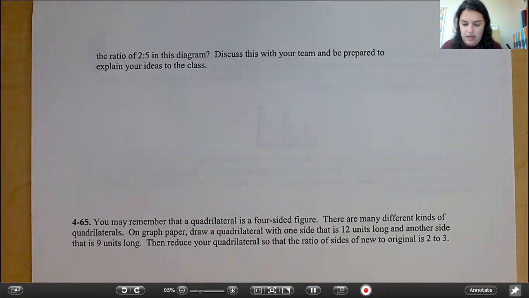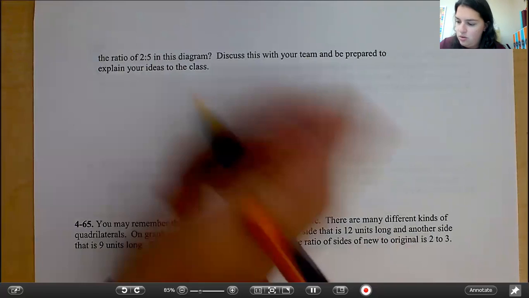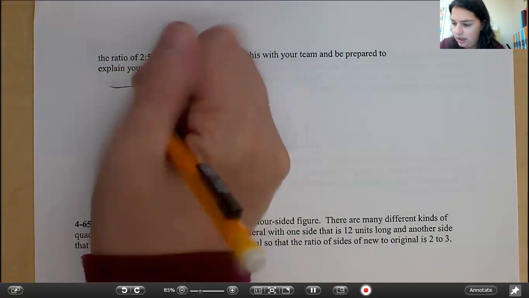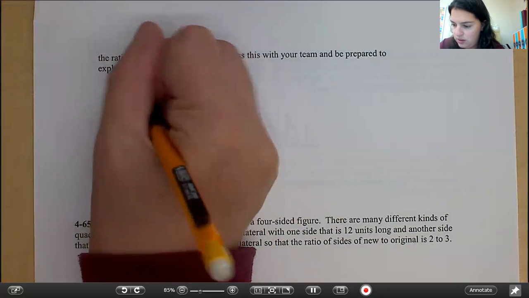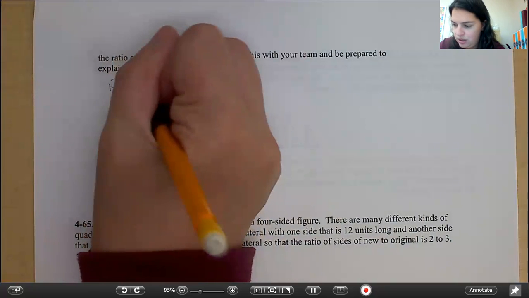Okay, if you're back with me, you've answered this. So hopefully, if we knew that this whole side length was 6, we knew that it would be broken down into 3 2s.